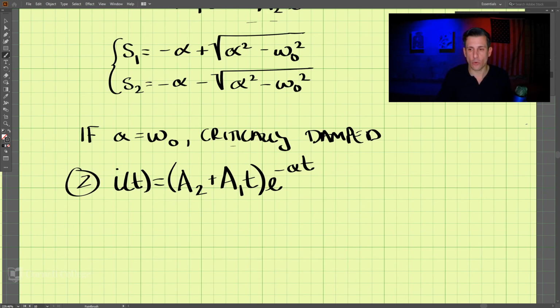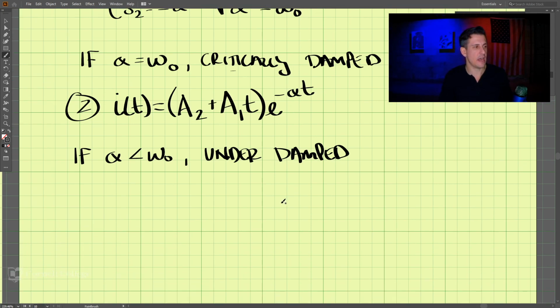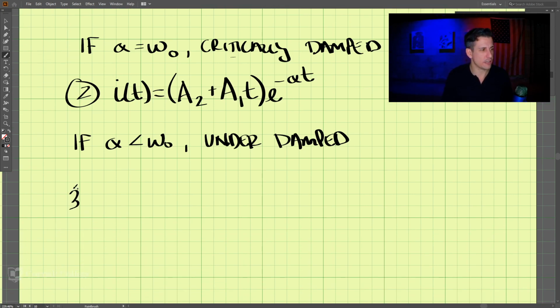And lastly, we will go to the underdamped case. So if alpha here is less than omega naught, we say underdamped. And this is probably the longest equation.